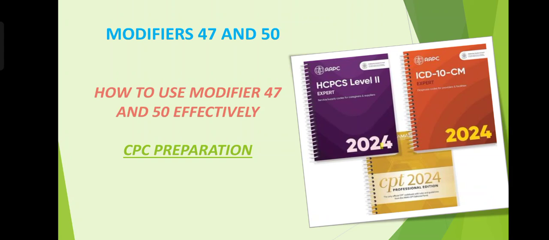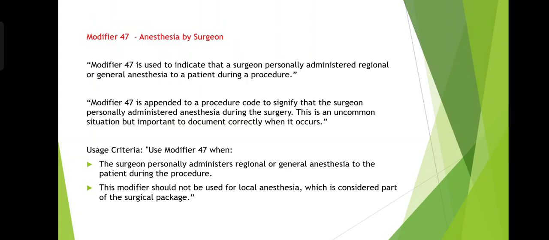Let's start with modifier 47. Modifier 47 is used to report anesthesia services that are provided by the surgeon during the procedure. This modifier is particularly useful when the anesthesia is not administered by an anesthesiologist or a CRNA, but by the surgeon himself.